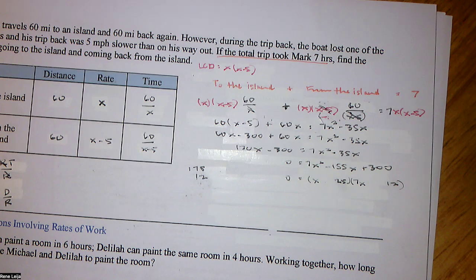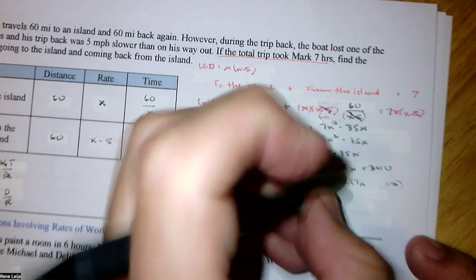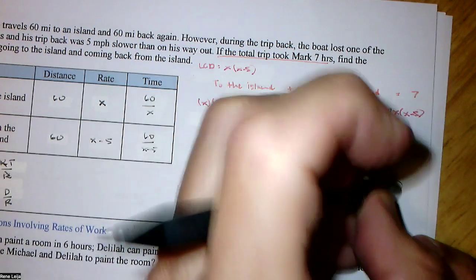So let's see. 300 is not going to be divisible by 13. Is it divisible by 14? Nope. 300 divisible by 15, 15 and 20. Okay, so this is the last one that we're going to try, 15 and 20.